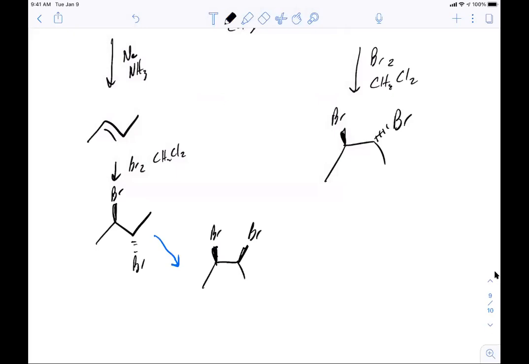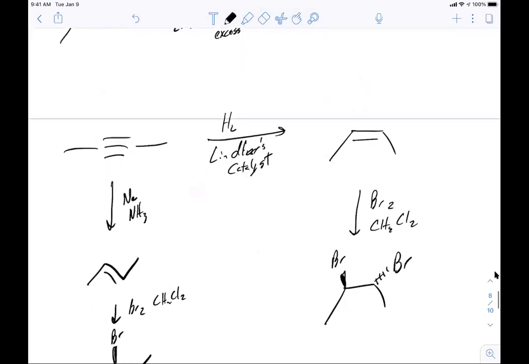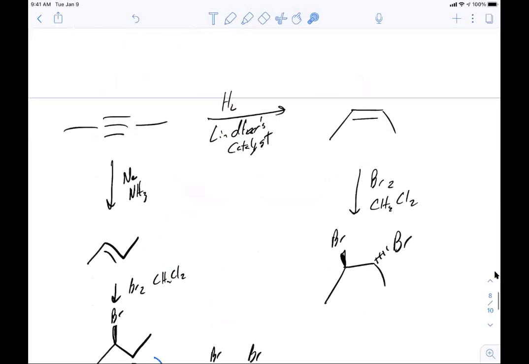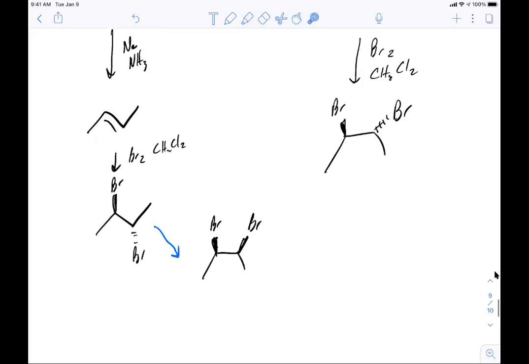So some of the more advanced questions you'll get is, can you pick the reagents necessary to end up with certain stereoisomers? In this case, by changing the first step from hydrogen and Lindlar's catalyst, which gives the cis, to sodium in ammonia, which gives the trans, the second stereoselectivity is going to be the same, but because I change my starting reduction, I end up with two different isomers.